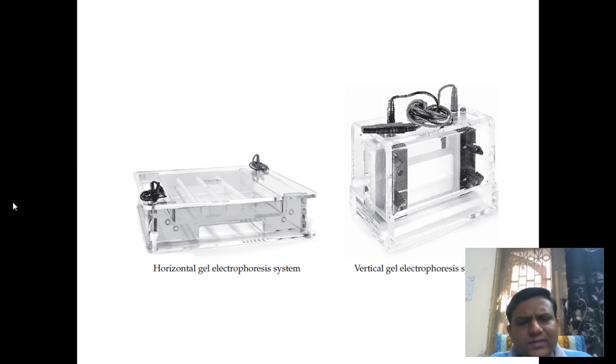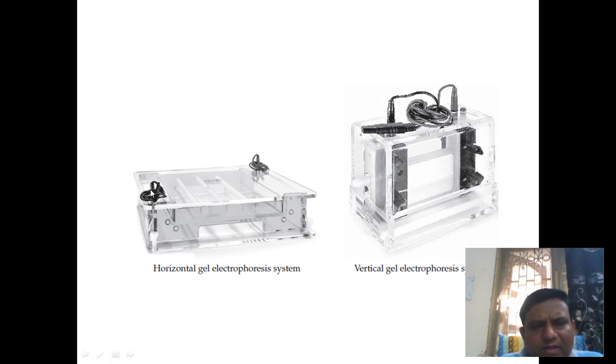Dear students, you can observe in this slide the two electrophoretic units. The first one is the horizontal gel electrophoresis system. There is a gel casting tray at the center, and this is the buffer reservoir in which we can pour the buffer.